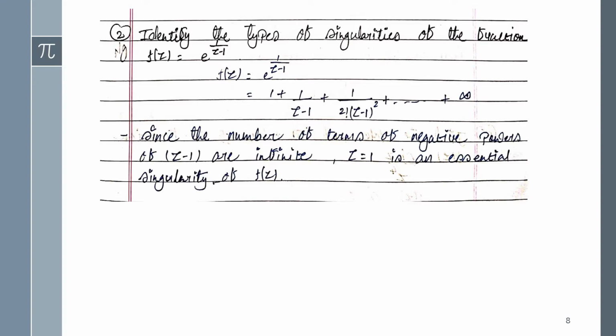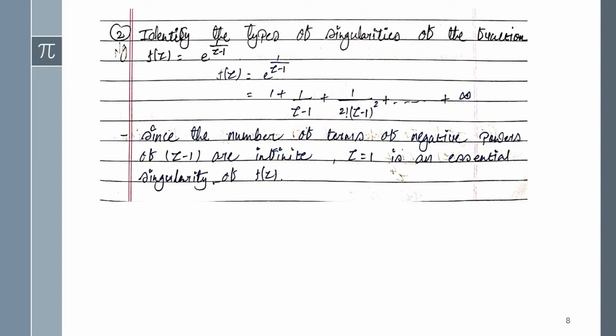Either it is removable, or essential, or a pole of order m, or isolated. From these singularities you have to write any one, or it might be possible that more than one comes, because we can solve this same question by using another method also. The method which is easiest for you, you can apply; you can simplify the term.